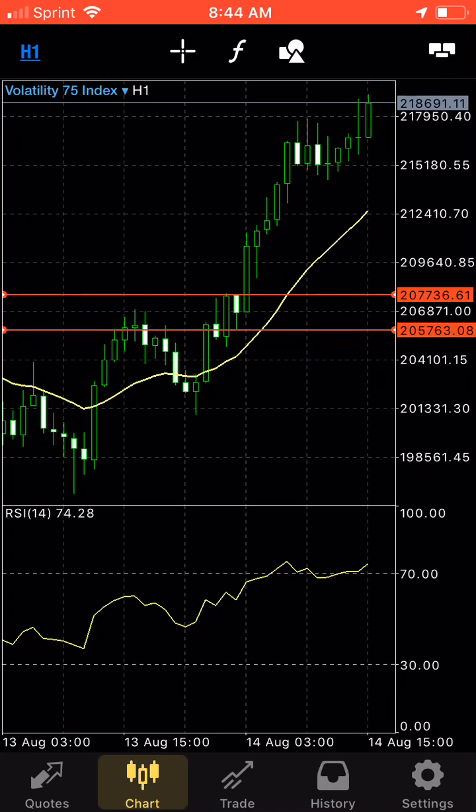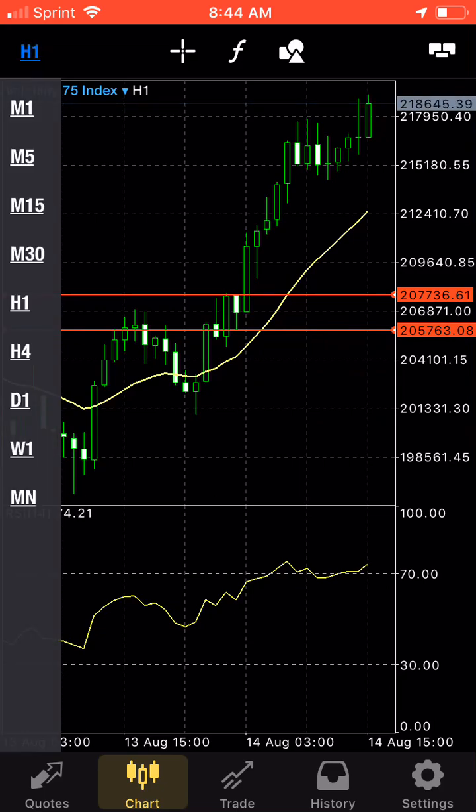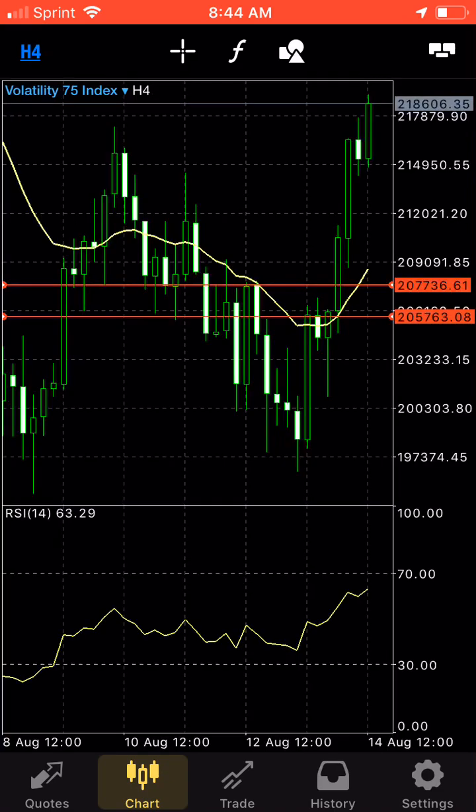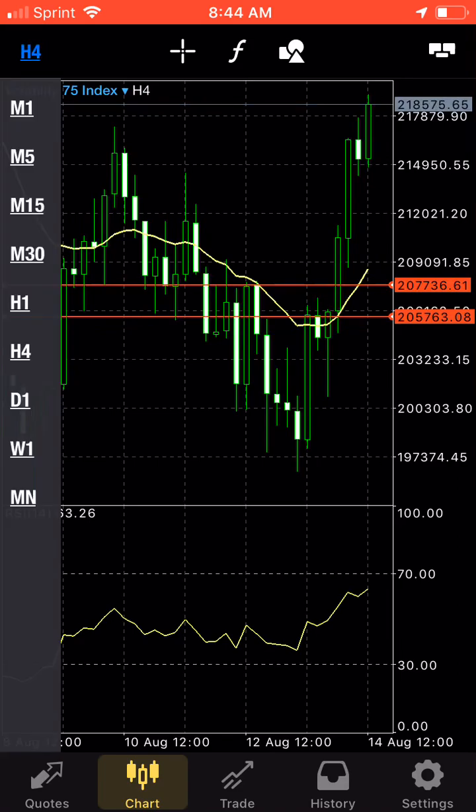So I decided to go to the 1 hour time frame. You can look for pullback entry on any time frame, but you just have to be mindful of the risk you're taking.